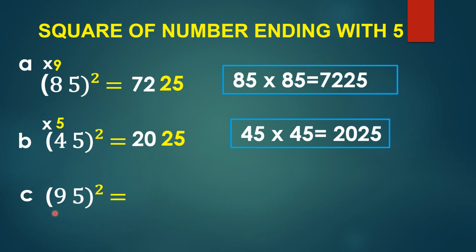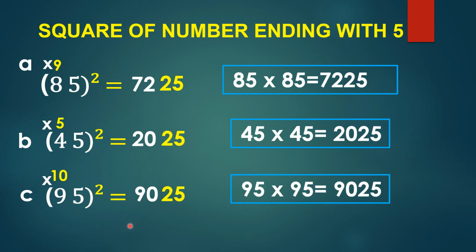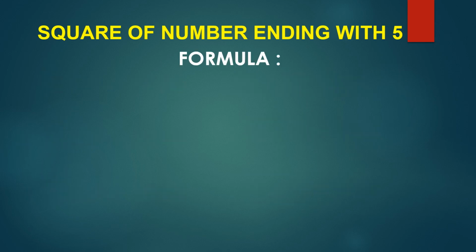Ask this question to yourself whenever you are doing 9. The next number is 10. So 9 tens are 90, the first part. Next, 5 square. 5 5s are 25. So 95 square is 9025. It's very, very easy. You can do it in a fraction of a second. Without book and paper also, just by looking at the numbers, you can do it in your mind.